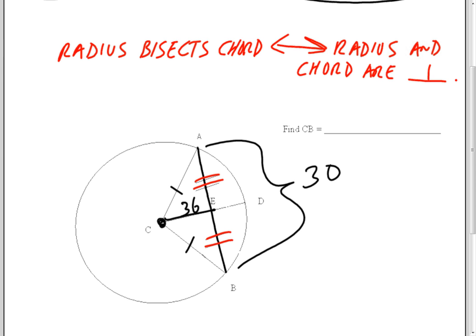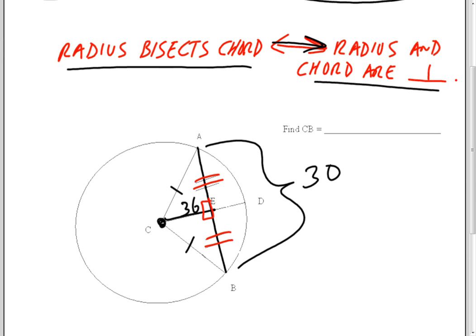So what I'm showing you is one direction of this arrow. I'm showing you what happens if you see a radius bisecting a chord. When you see a radius bisecting a chord, you're allowed to say that it's perpendicular, so what can I put into the diagram? 90 degrees, put some right angles right in the center there.